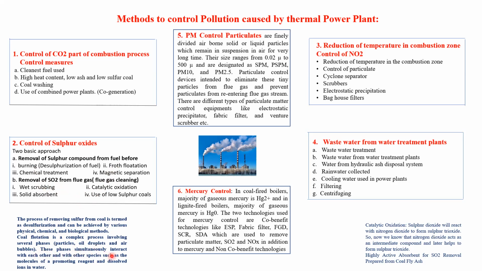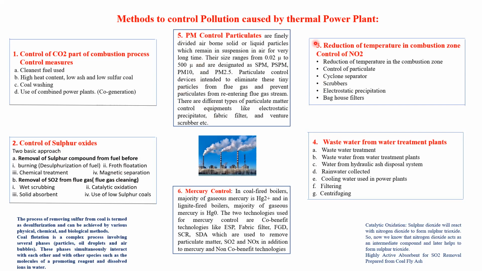These bubbles simultaneously interact with each other and with other species, such as the molecules of a promoting reagent and dissolved ions in water. That is the process of froth flotation. By this process, we can reduce the percentage of sulfur before it goes to the atmosphere.